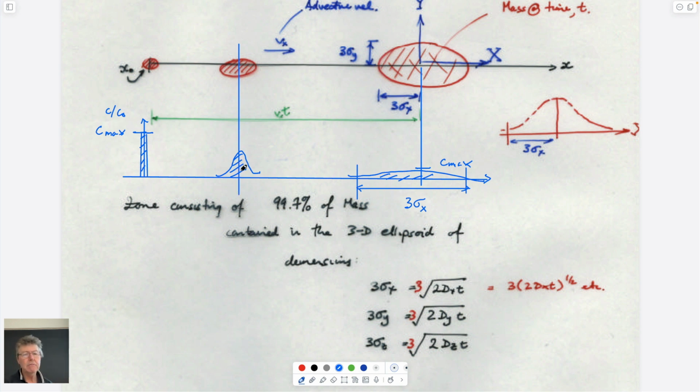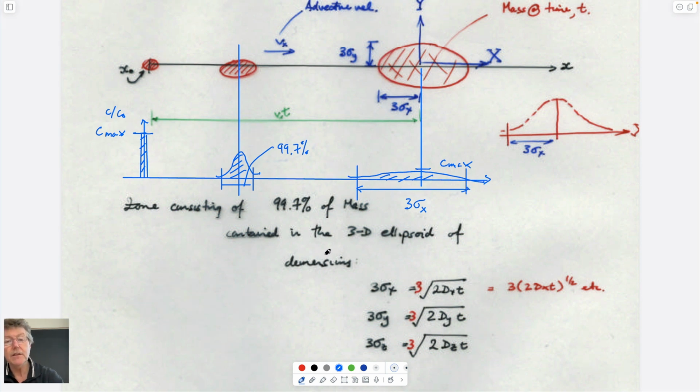I think 3 standard deviations means it contains, is it 99.7% of the area under this curve, included within the length which is 3 standard deviations. Likewise, 99.7% of this mass is included in the portion of this which is equal to 3 standard deviations.